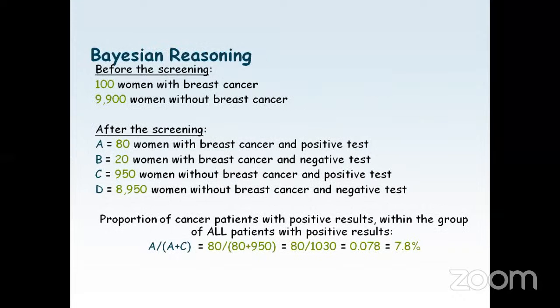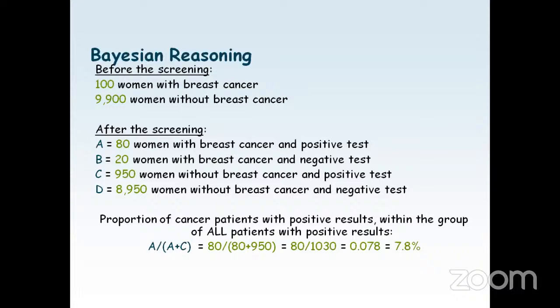Okay. Now the reasoning. Before screening, 100 women with breast cancer and 9,900 women without breast cancer. So, as we have seen, A is 80 women with breast cancer and a positive test, B is 20 women with breast cancer and a negative test, C is women without breast cancer and a positive test, and D is 8,950 women without breast cancer and a negative test.